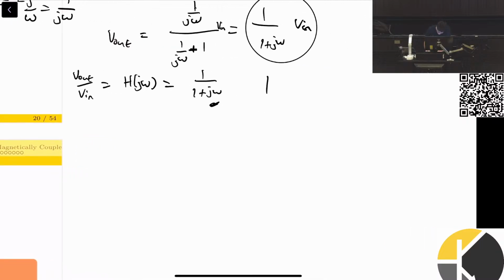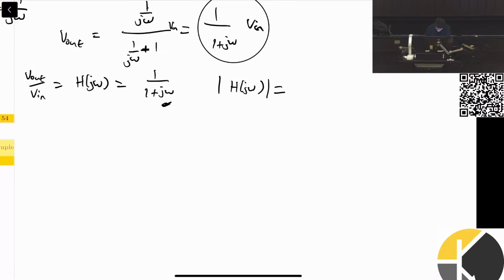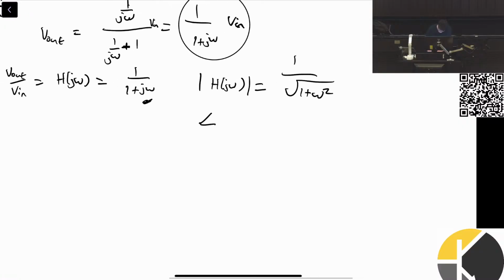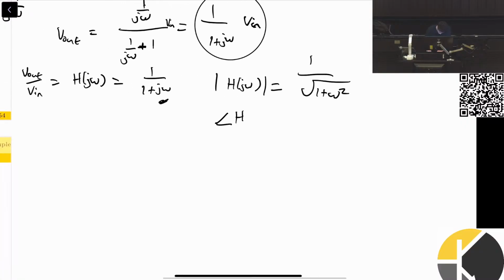Now we're going to do a quick thing. We're going to get the magnitude. H of j omega is going to be 1 over the square root of 1 plus omega squared, because in a complex number you can take the magnitude of the numerator and the magnitude of the denominator. That's just to do with complex numbers. For the phase we have a similar thing.